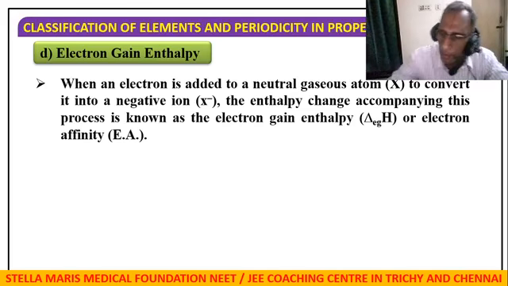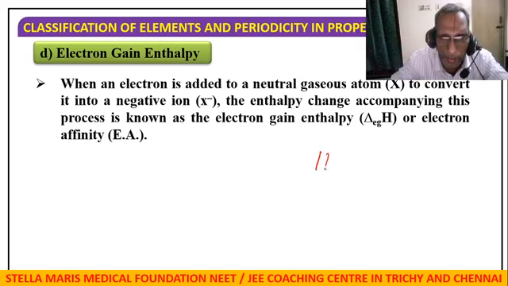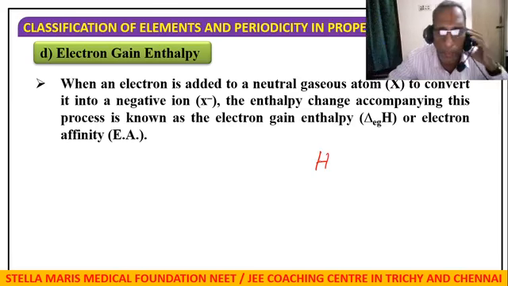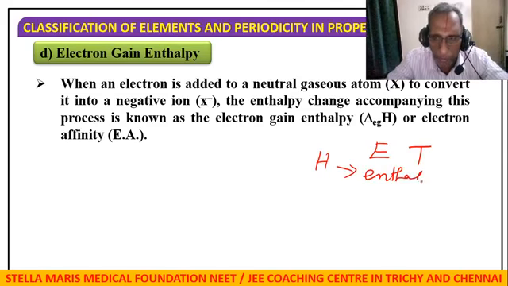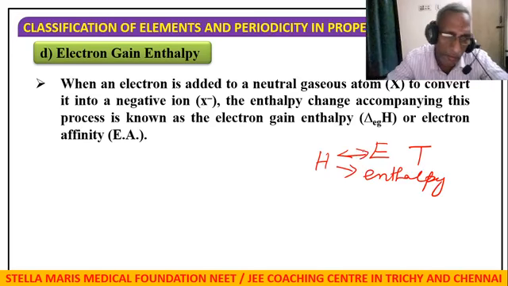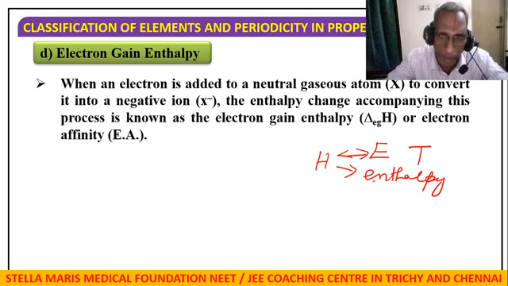Generally enthalpy is denoted by the letter H. We will study it in thermodynamics once again. Energy is E, temperature is T, H is called enthalpy. At present, remember, you will see the difference between energy and enthalpy a bit later in the other chapter, thermodynamics. At present, you can take energy and enthalpy as almost the same.